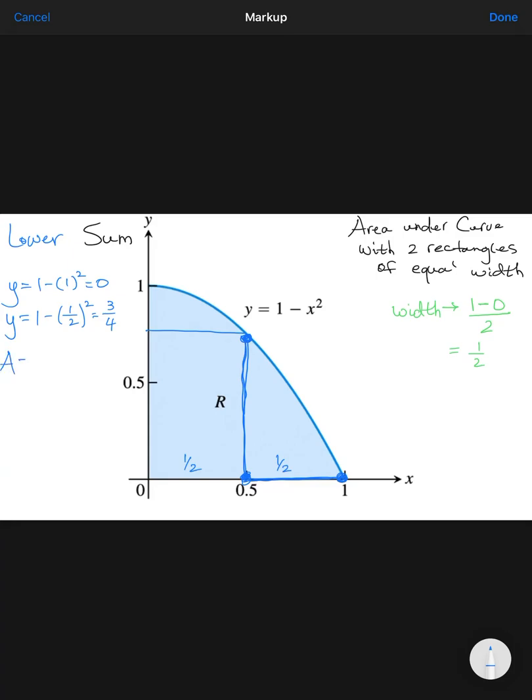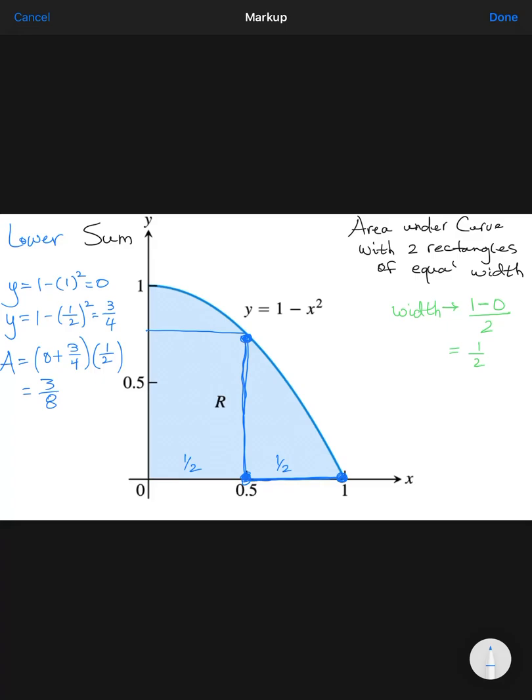Again, for the area, take the sum of your heights and multiply by the width. 3/8 is your lower sum.